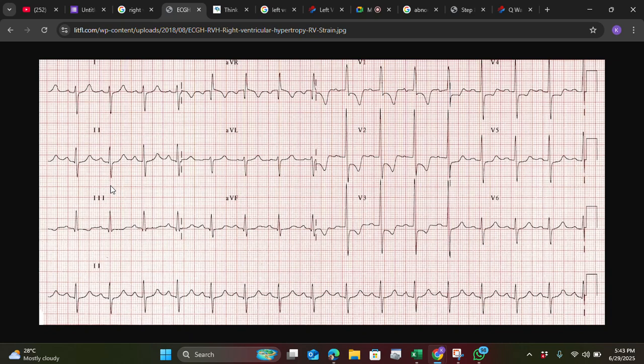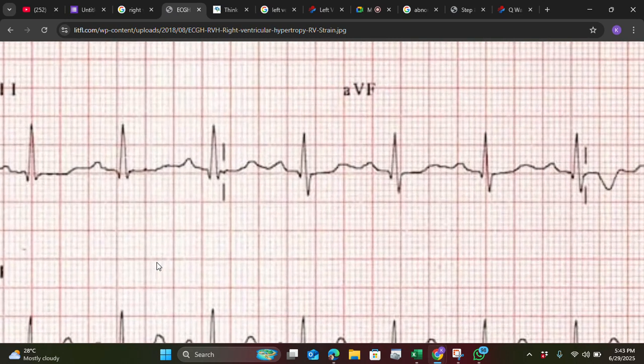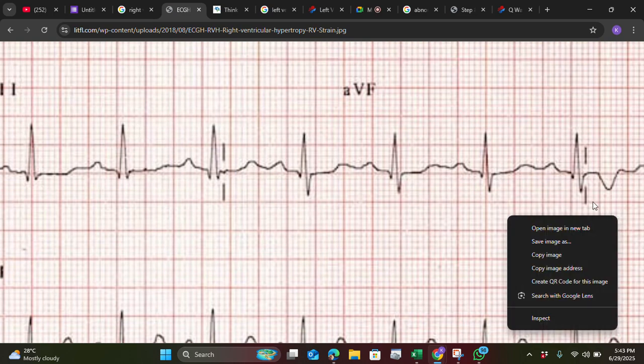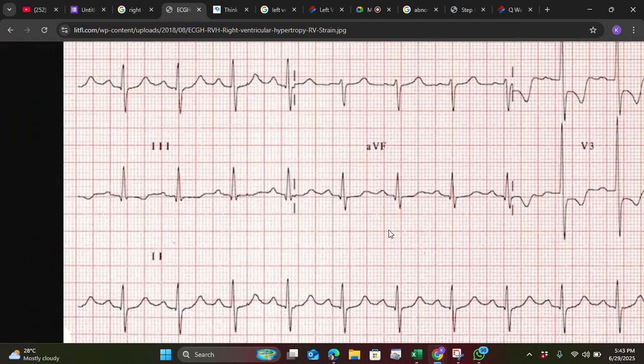Now let me check this P wave. Is it greater than 2.5? This is like three small boxes, but not totally. It's between 2.5 and three small boxes, and we said it's 2.5.